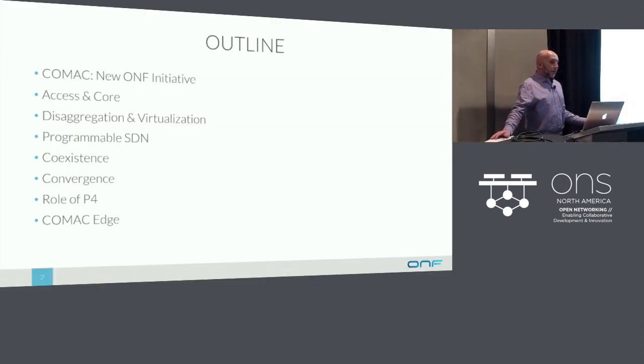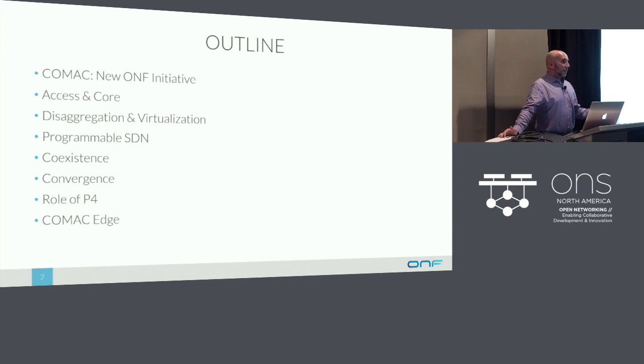So what I'll do is I'll very briefly talk about the initiative, the supporting operators, and then the title says access and core. So I will try to explain what we mean by access and core in the context of COMAC. And then the CO in COMAC stands for convergence. But to be able to converge something, you have to first disaggregate. So we will talk about disaggregation and virtualization in a multi-access sense.